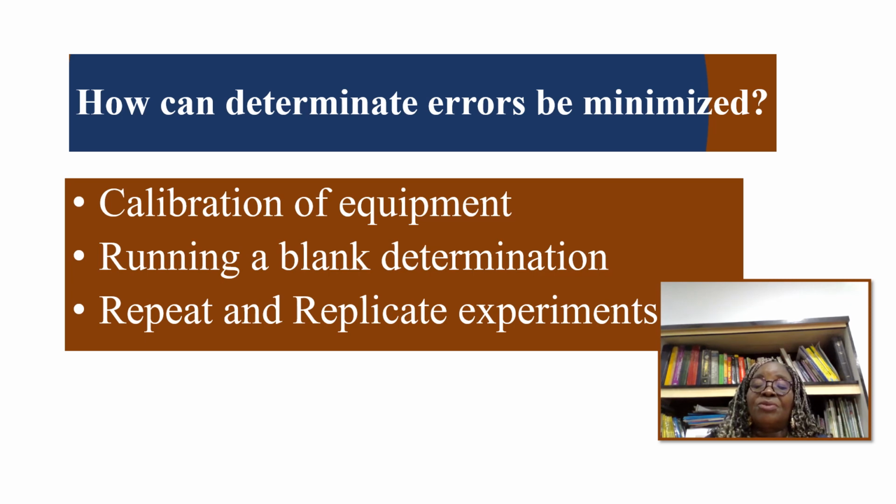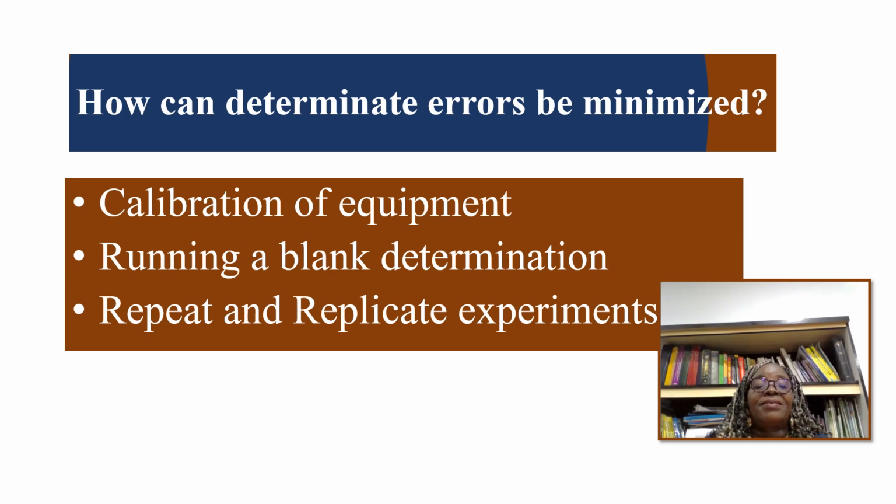Running a blank, you can use water and perform an experiment. It will always give you a result that is lower than the one you obtained from your sample, and you subtract the both. As you have subtracted, you have corrected that error. The corrected value now is your real value you will use for your analysis.